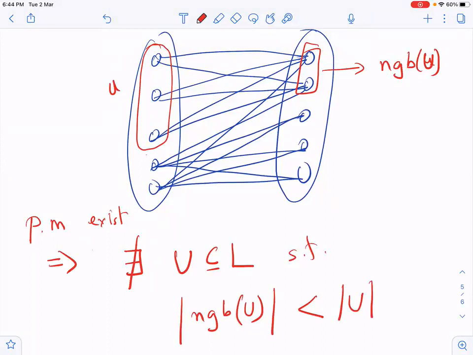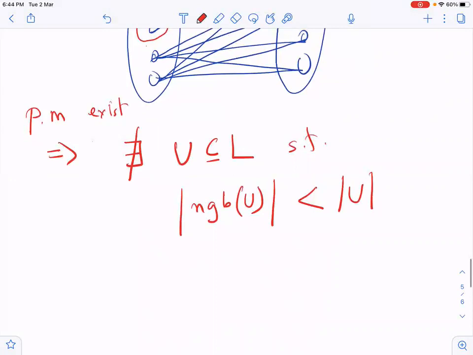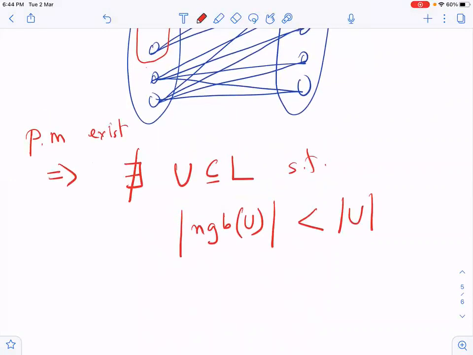Okay, so I have got 2 properties, and particularly if you think of it, this property is a special case of this property, okay? And it says that a perfect matching exists implies that there does not exist any subset U of L such that the size of the neighborhood of U is strictly less than the size of U. Now, the beautiful part of it is that this theorem is an if and only if theorem.